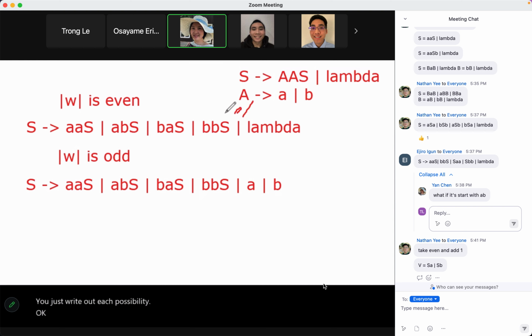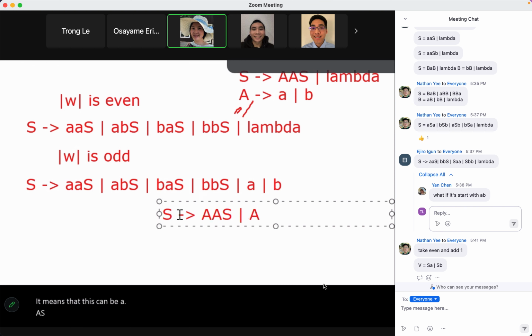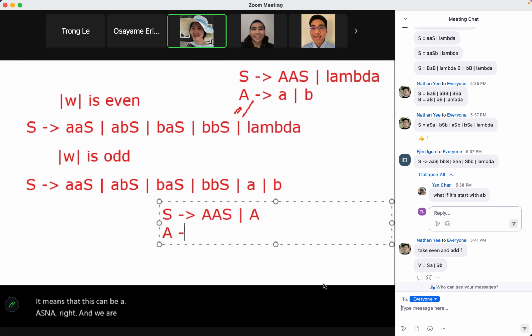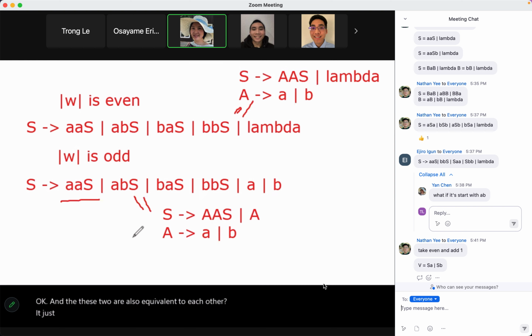So similarly here, that means that S can be AAS and AA, right? And where A can be A or B. Okay. And these two are also equivalent to each other. This version writes out all those possibilities, and this one just summarizes the possibilities. Okay, so that's even and odd.